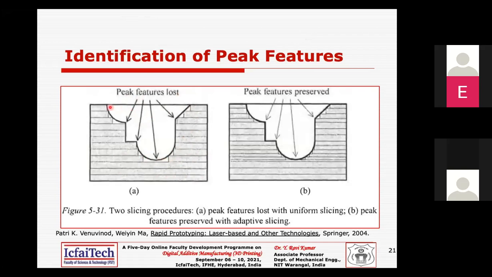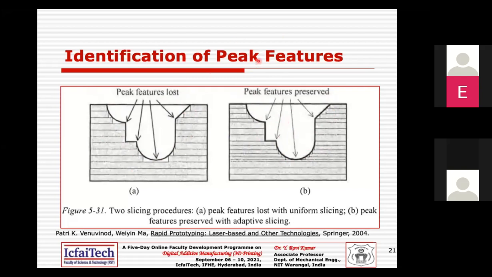So you identify if there are peak features that you come across in your model, and we need to give special attention to those, maybe by reducing the layer thickness or changing the orientation. You have to come up with a solution for that. You should not miss them while fabricating, right?